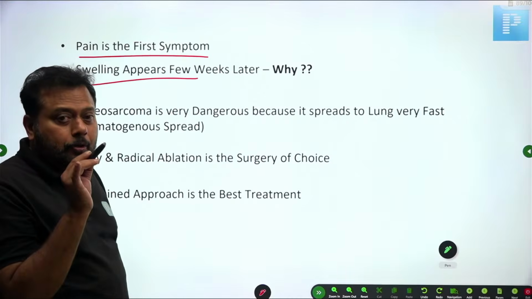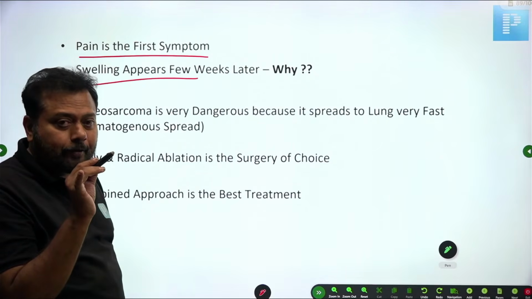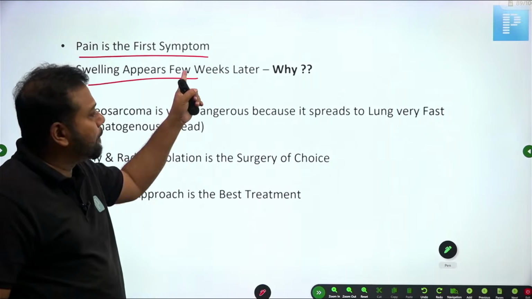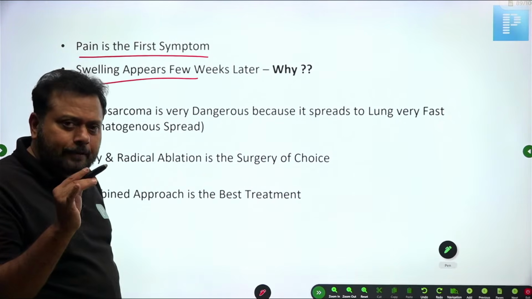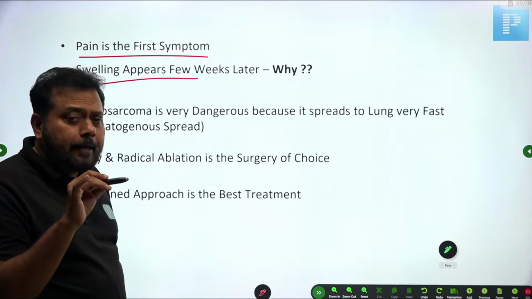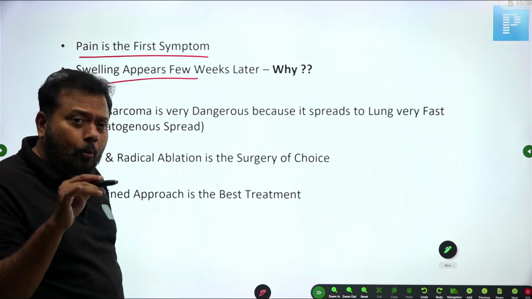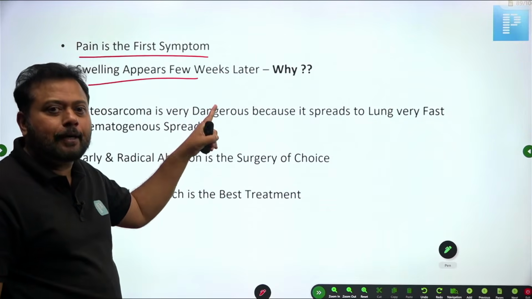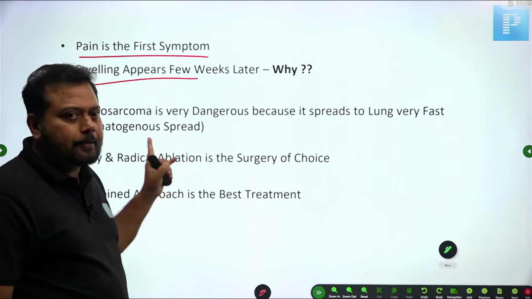Why is pain first? Because when osteogenic sarcoma starts in the metaphysis of the cortex, it elevates the periosteum. Periosteum is very sensitive, so pain will come. Once it lifts the periosteum, that's called sunburst appearance. Swelling will come only when it invades the soft tissue, which takes time.